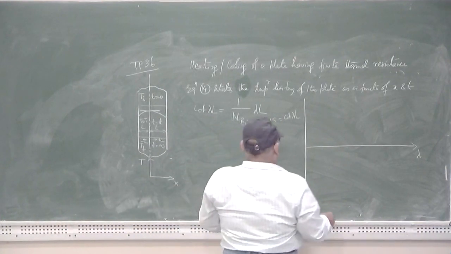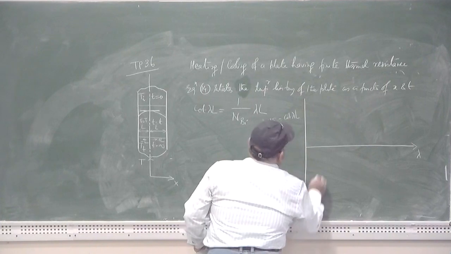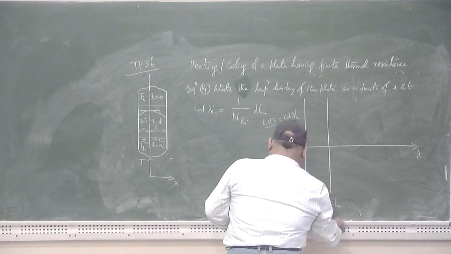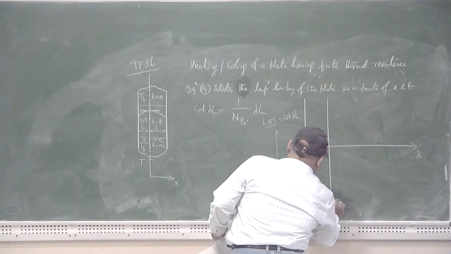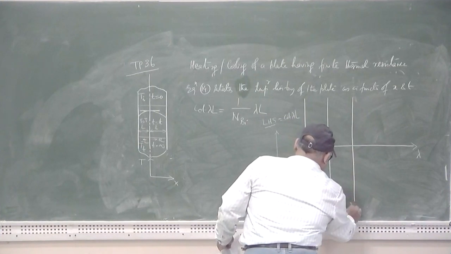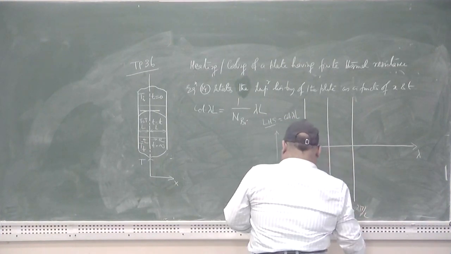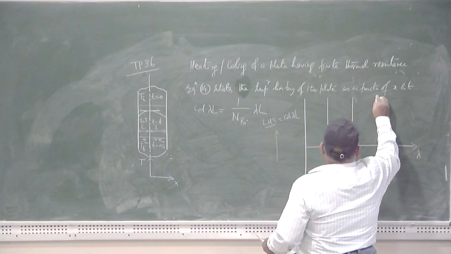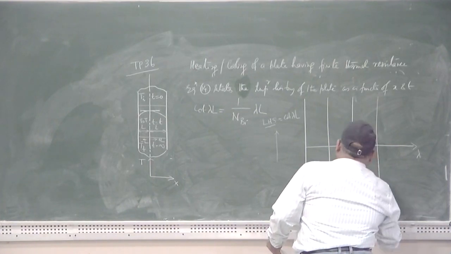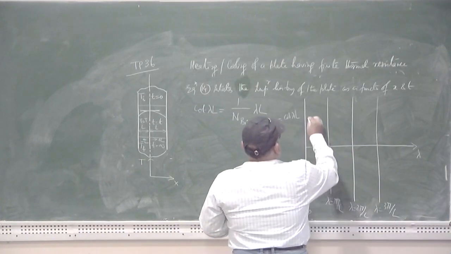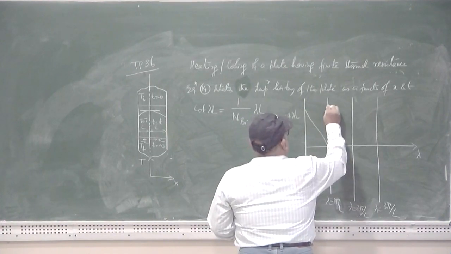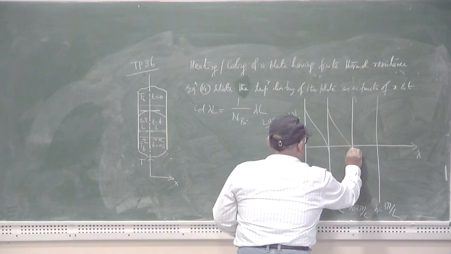This line corresponds to lambda equal to 0, take another line lambda equal to pi by L. Another line corresponds to lambda equal to 2 pi by L. Next line corresponds to lambda equal to 3 pi by L. These are the graphs for y equal to cot x.